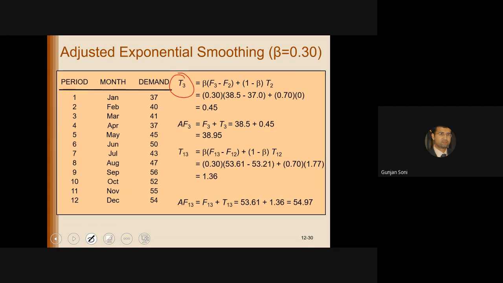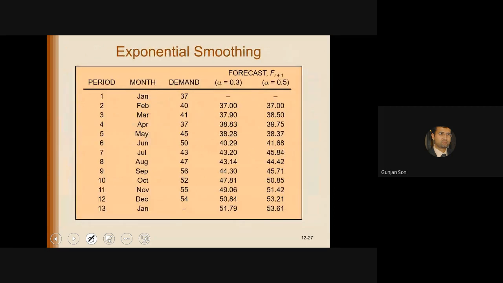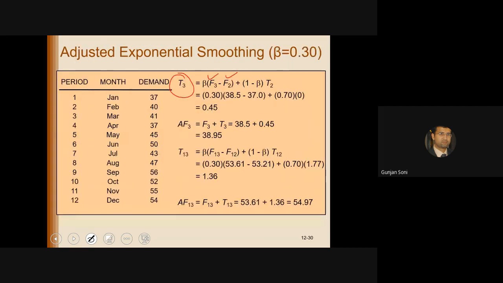Now F3 and F2, where do I get these values from? You can see F3 and F2 are 38.5 and 37. We go back and check: 38.5 and 37 are the two values we have taken, considering that alpha is given as 0.5. We have taken alpha as 0.5 and then calculated these two values, and T2 is taken here as 0 for the simple reason which I have already told you.